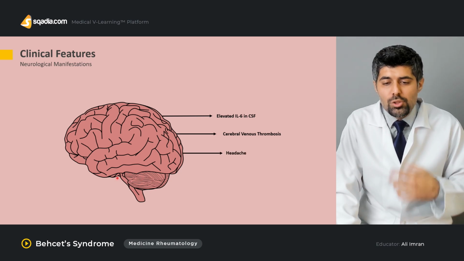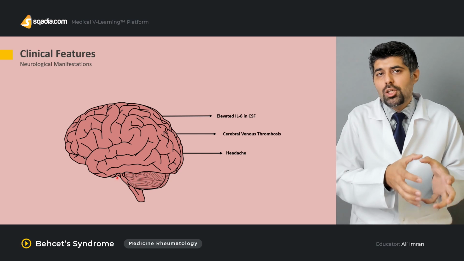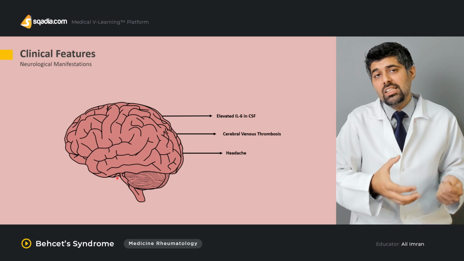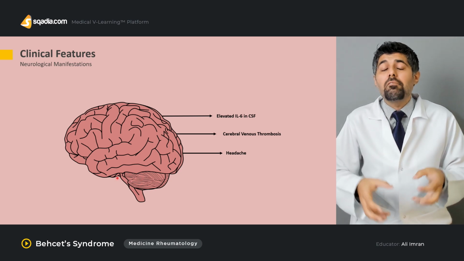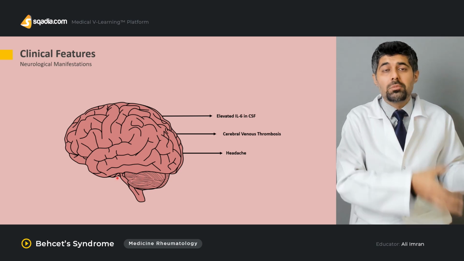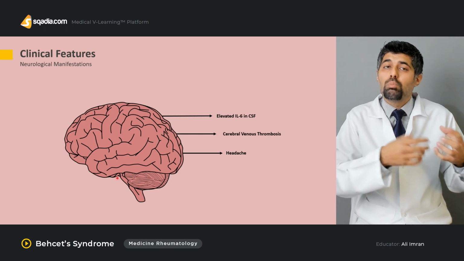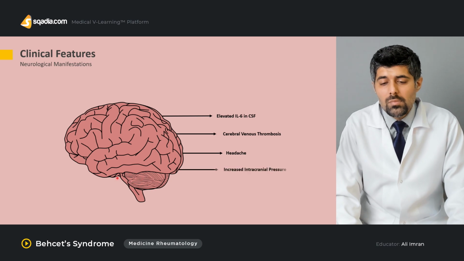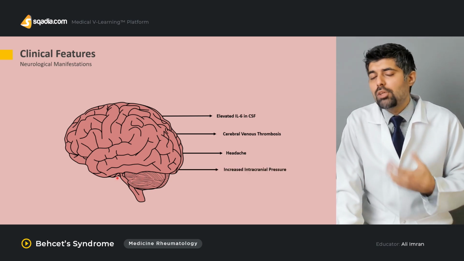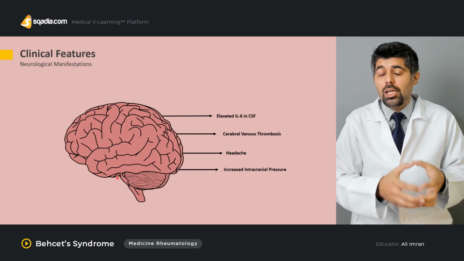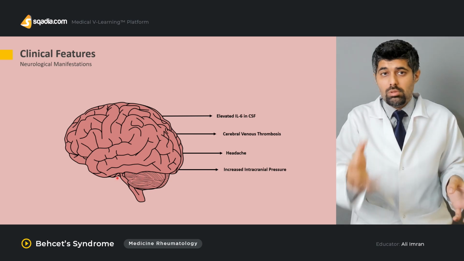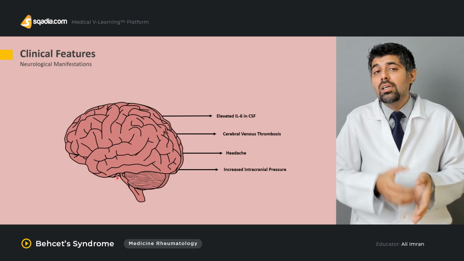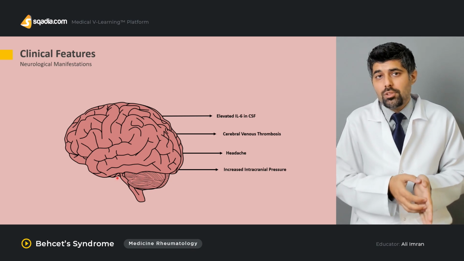This usually results in the blockage of both the drainage and the circulation of the CSF, resulting in headache, sometimes migraine, sometimes both, with or without aura. The other symptom that we usually see is again due to the blockage, and the blockage is again due to the thrombosis. We also get increased CSF pressure.